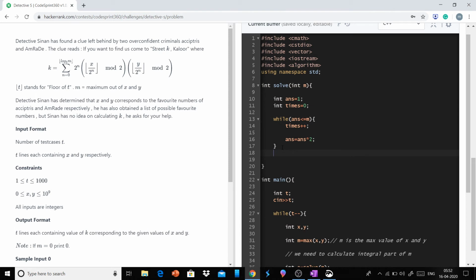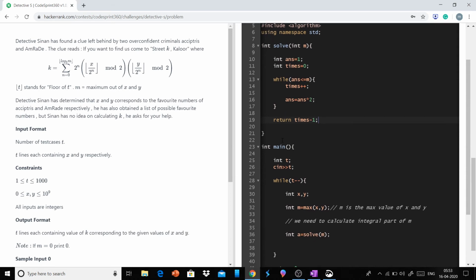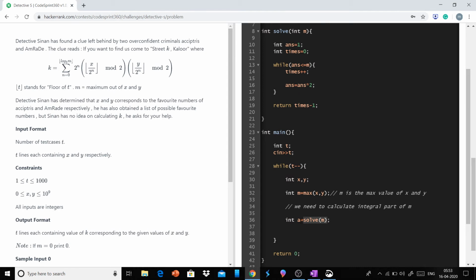And I need to return times minus 1. So this will return a value to this solve function, and the value will be stored in a. So this is the integral part.